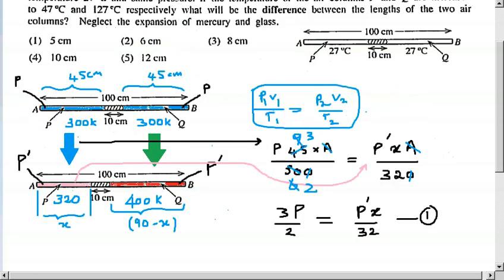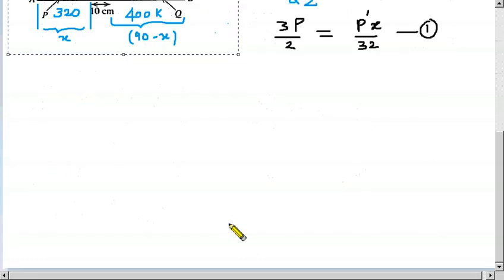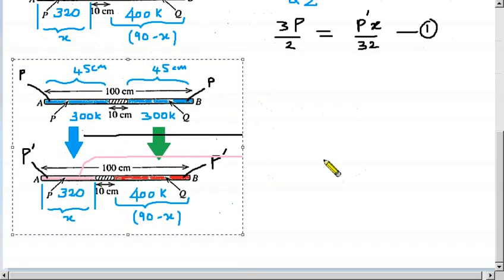Then let us write the equation for the right side air column.